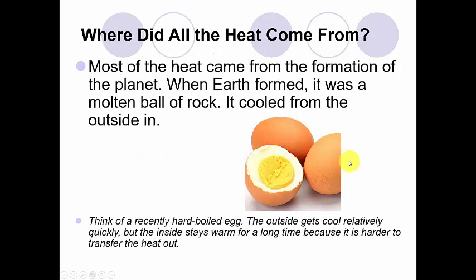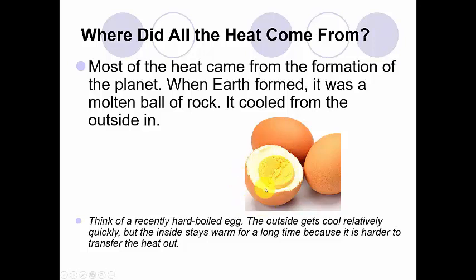Where did all the heat come from? Most of the heat came from the formation of the planet. When Earth formed, it was a molten ball of rock, and it cooled from the outside in. Think of a hard-boiled egg. On the outside, it's cool, and the shell cools down pretty quickly.